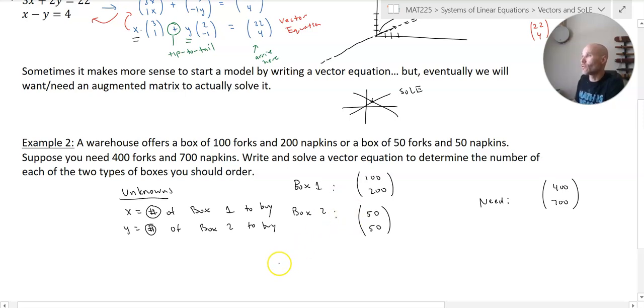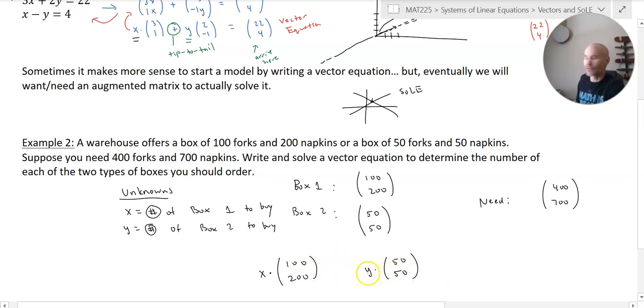So every single box 1 will have 100 forks and 200 napkins. And if I multiply that by the number of boxes, that will tell me the total number of forks and napkins that I'll get just by buying x boxes of box 1. And then similarly, I'm going to buy y multiples of 50/50.